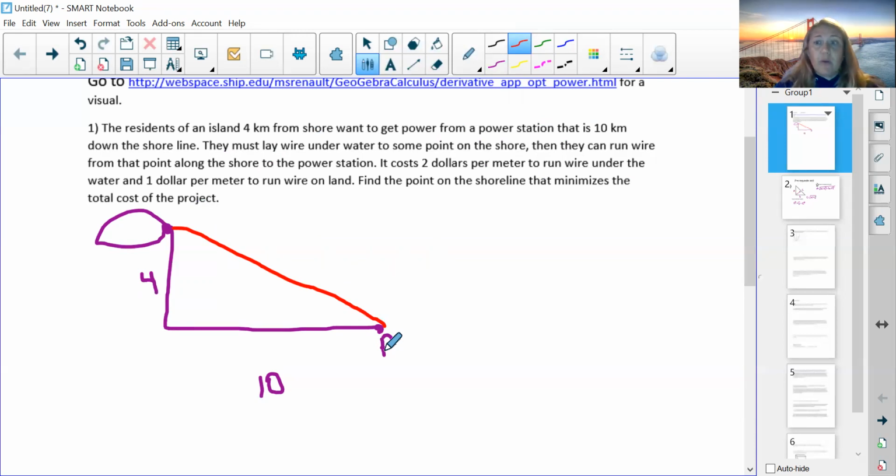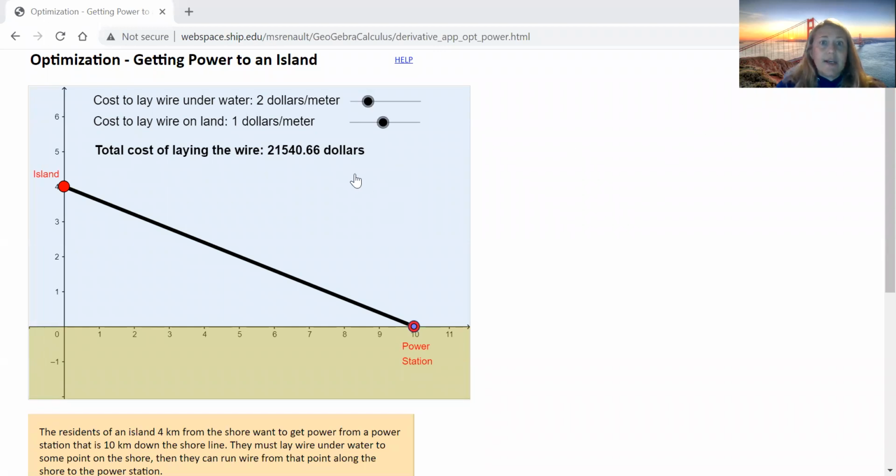All right, so we're going to go to the applet where I'm going to play with this. Here we are. You can see here that going straight from the island to the power station in a straight line, although that would be the minimum distance, is approximately $21,500.